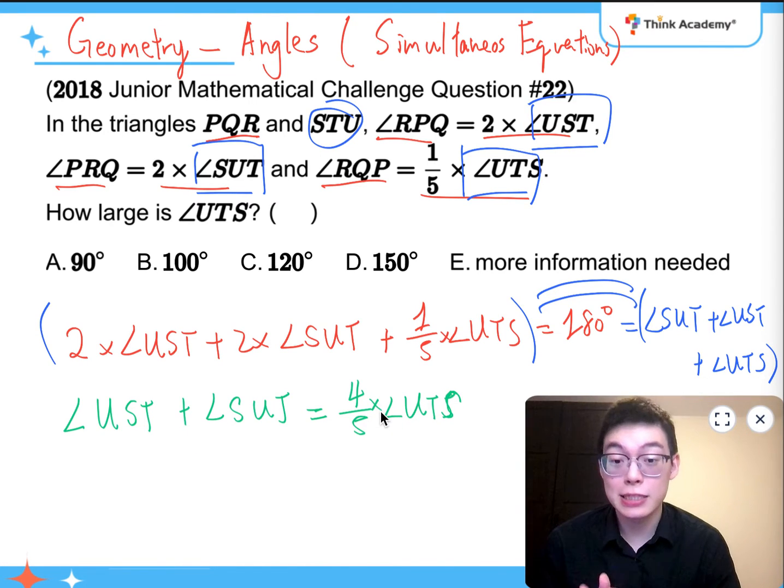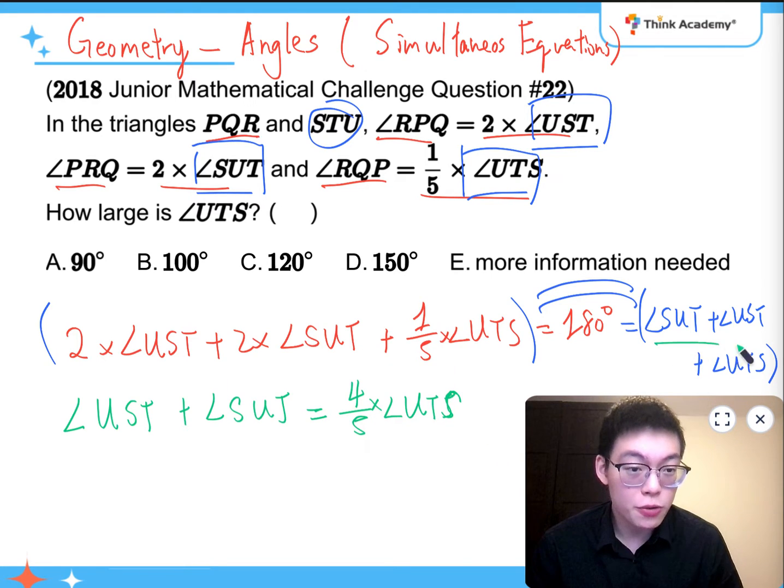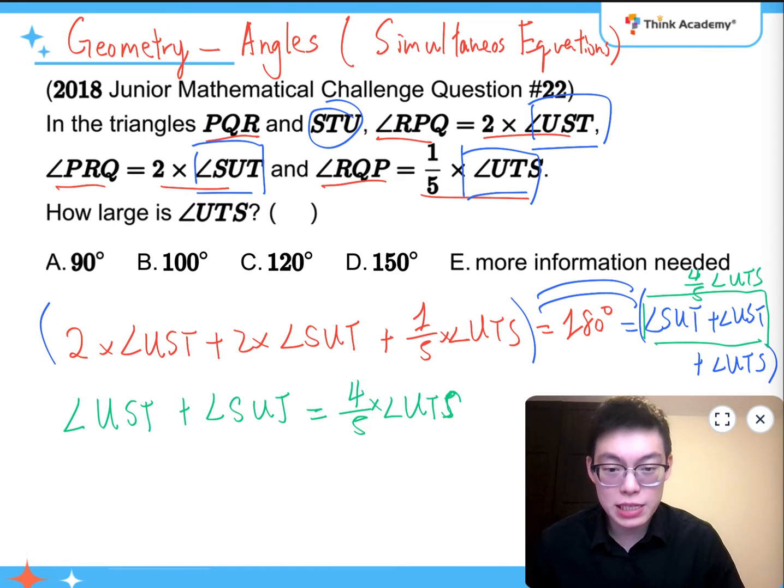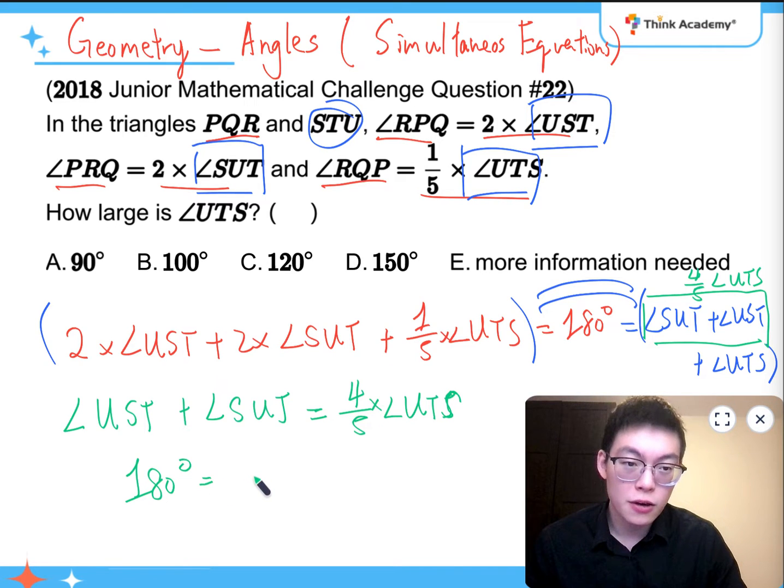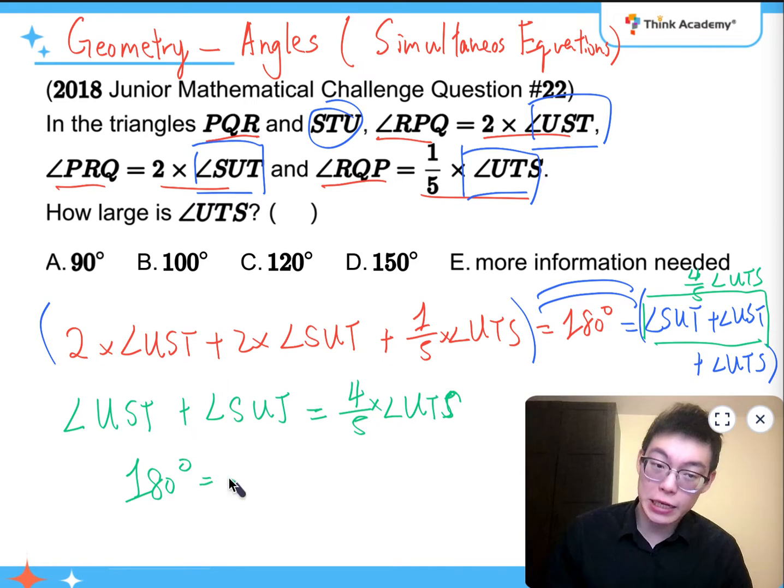And that definitely helps, because these 2 angles can be replaced by 4/5 of angle UTS, which means that 180 degrees is 4/5 of UTS adding UTS.